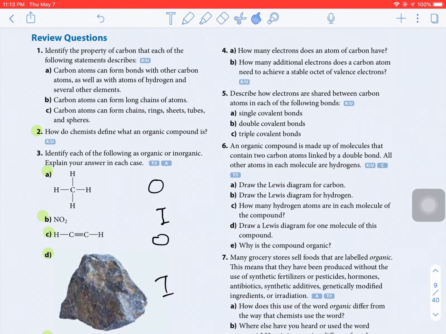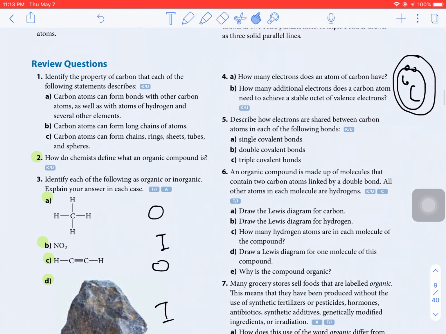Number 4 asks you, how many electrons does an atom of carbon have? We know that carbon has 6 electrons. It says, how many additional electrons does carbon need to fill its outer shell? It needs 4 more. So remember, carbon is 6 on the periodic table, so it's got 6 electrons. 1, 2, 3, 4, 5, and 6.